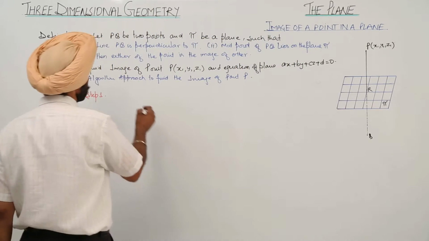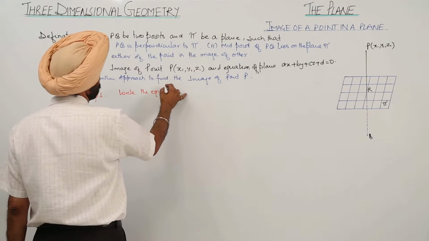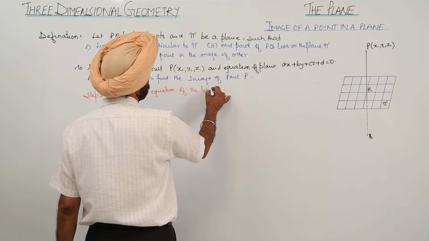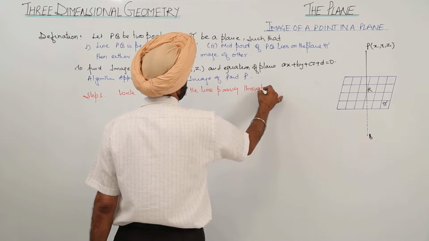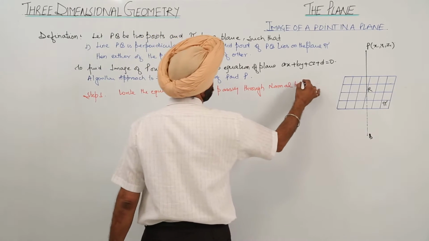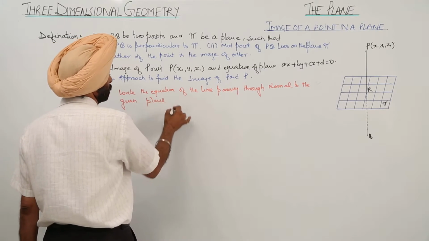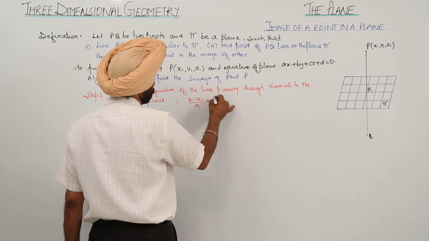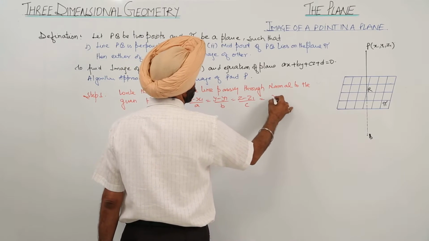Step 1: write the equation of the line passing through P normal to the given plane as (x minus x1)/a = (y minus y1)/b = (z minus z1)/c = lambda.